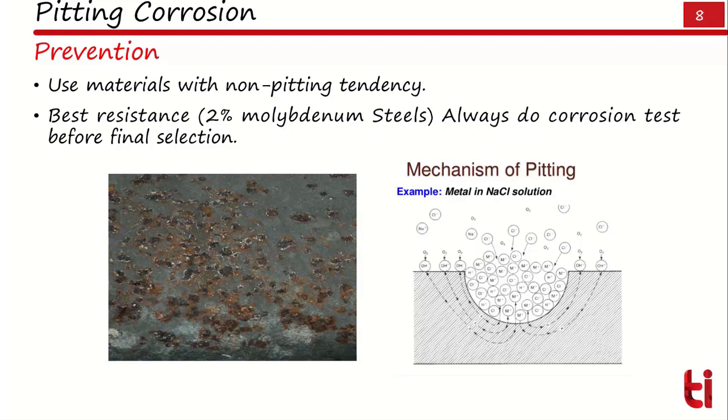Lastly, before using any material in your design, you should conduct the pitting test so that you can primarily know whether the material of your choice has a tendency to form pits or not.